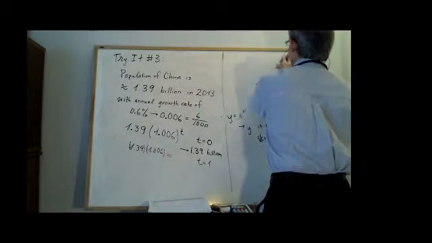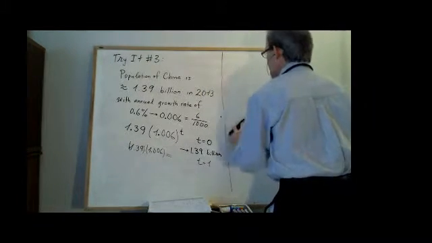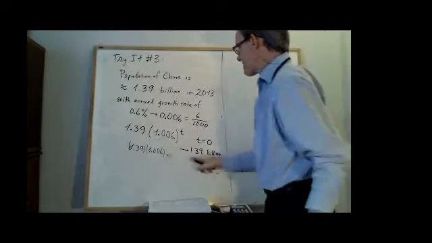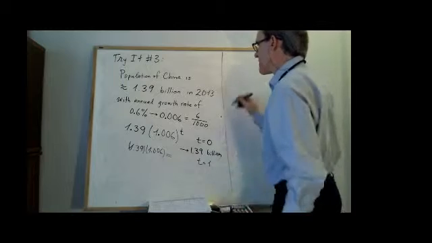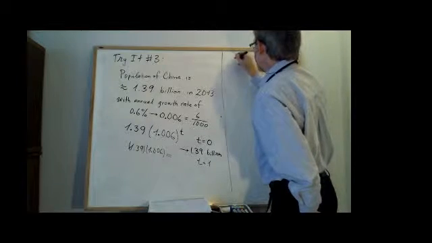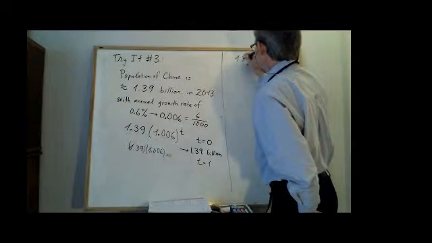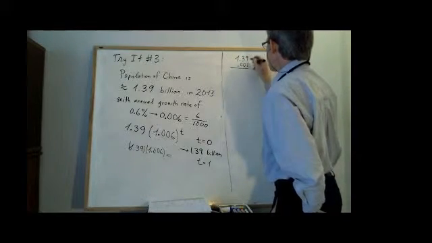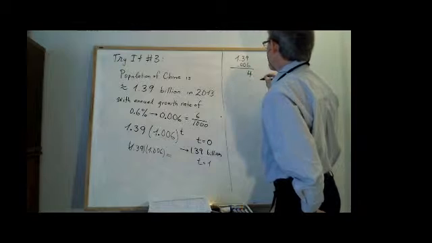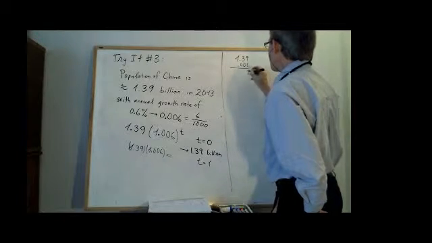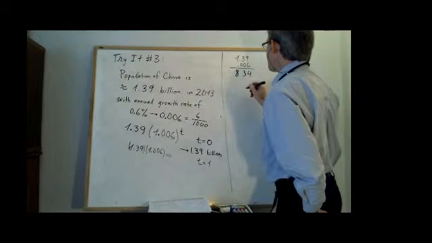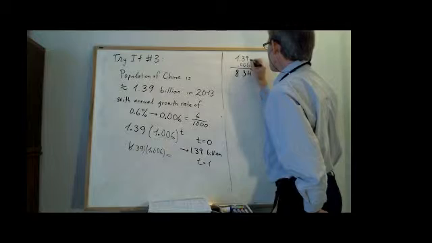So you just take 0.6% of the original population and add it to the starting population. Okay, so let's just see what that is. 0.006 times 1.39. You have 6 times 9, 54. 3 times 6, 18. Add the 5 is 23. 1 times 6, 8. Add the 2. And I have how many decimal places? 5. 1, 2, 3, 4, 5.